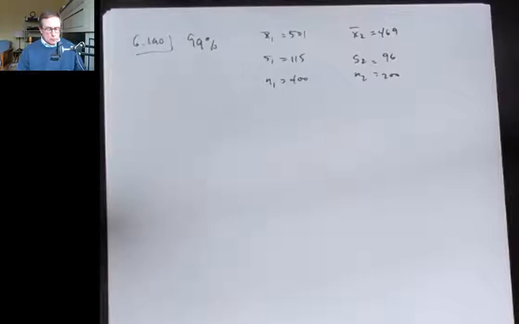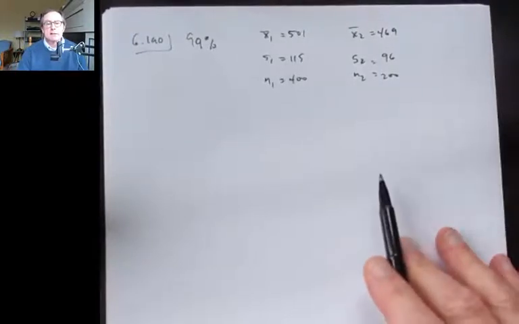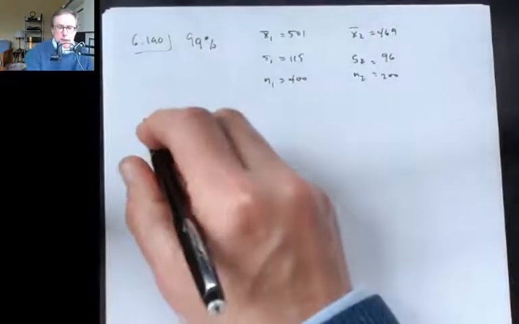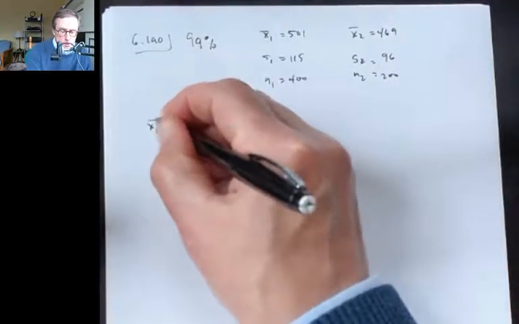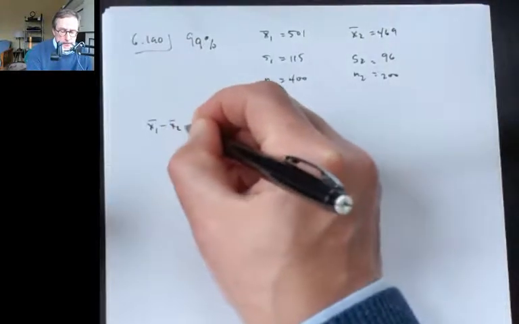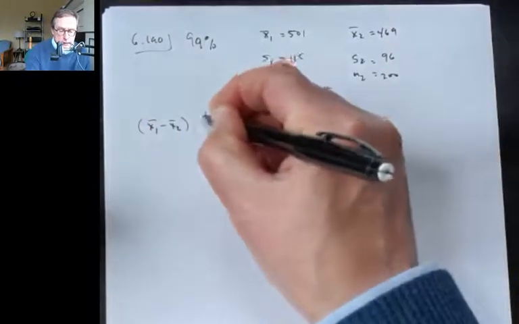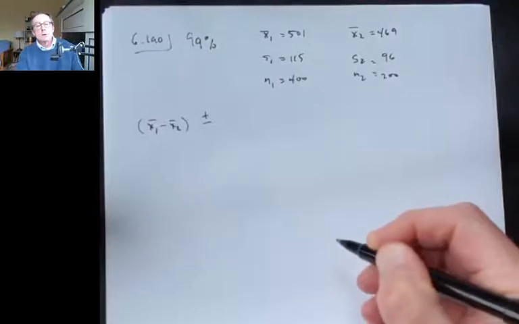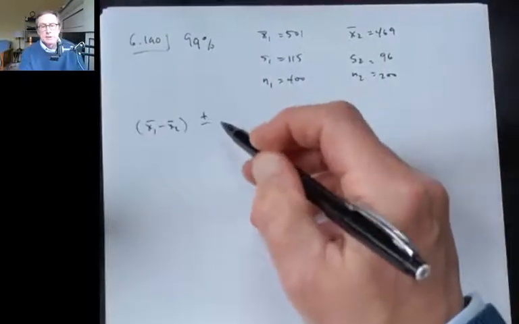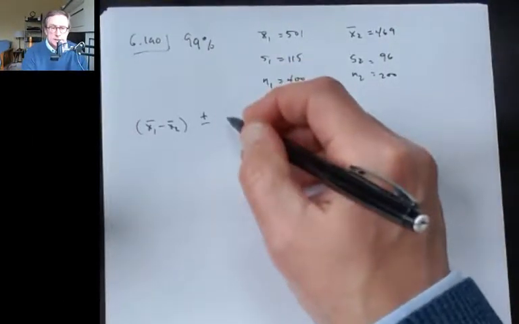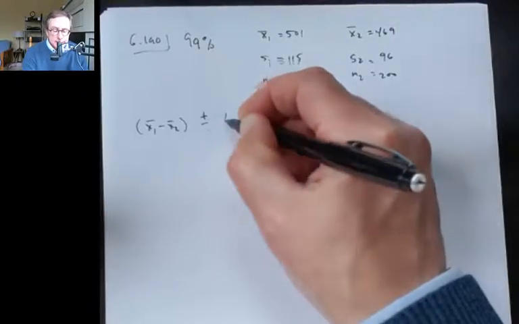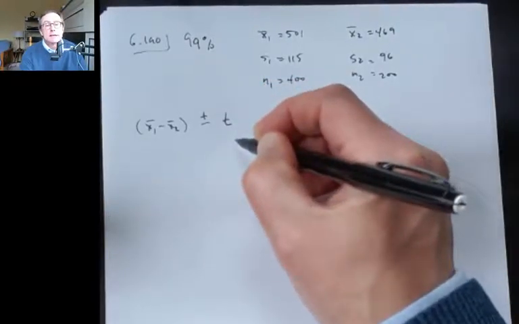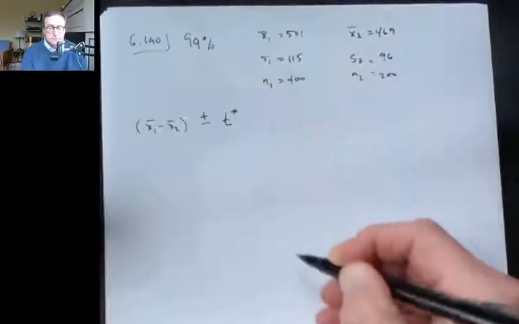Okay, and of course I'm simply doing the confidence interval formula, exactly the same stuff as always. I'm looking here at x1 bar minus x2 bar, plus and minus, because a confidence interval is always plus and minus. Now this is means, so I'm not saying Z star, I'm saying T star.